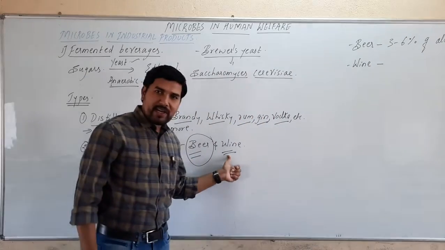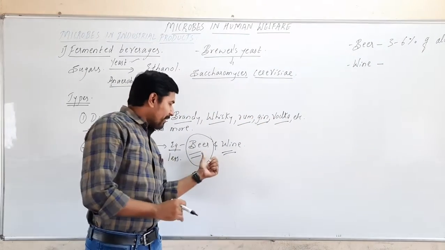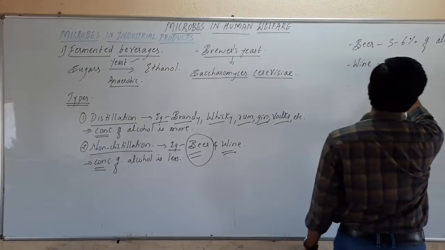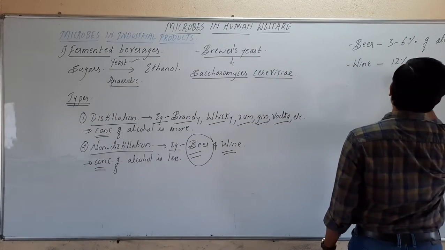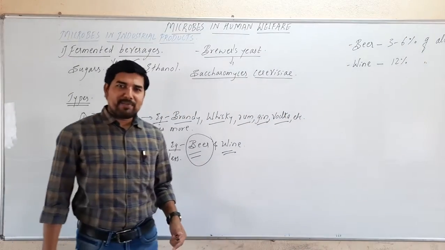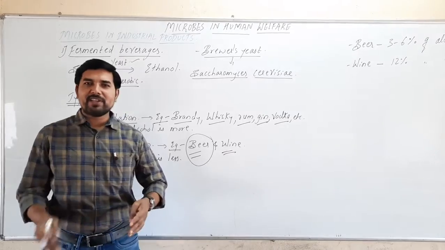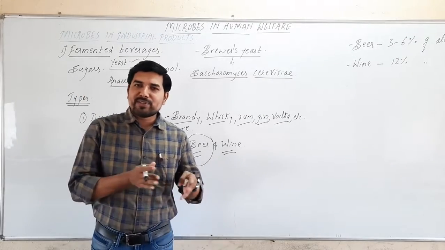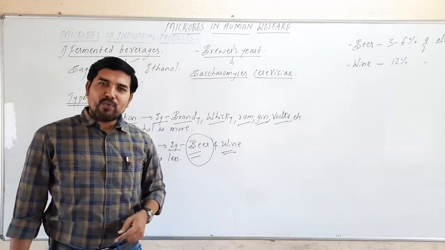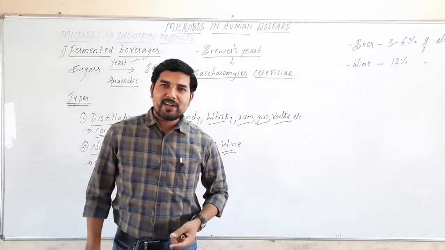Second one, wine. Wine has a little more concentration of alcohol, around 11.6 to 12%. The concentration might increase, but generally wine has around 11.6 to 12% alcohol.